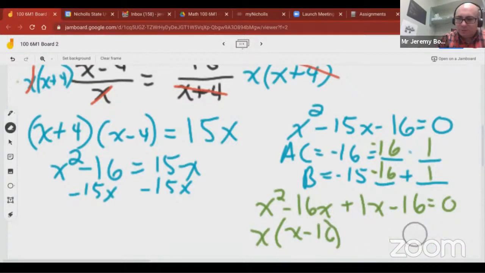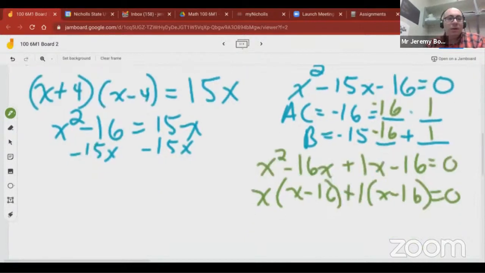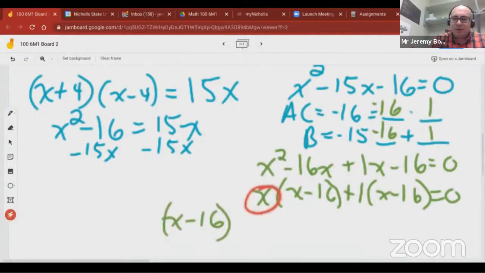Let's just do this whole part here again. There we go. So now, x minus 16 here, x minus 16 there. Let's pull those out. And so we'll have x minus 16 times what's left over, x plus 1 times x plus 1 is equal to 0.